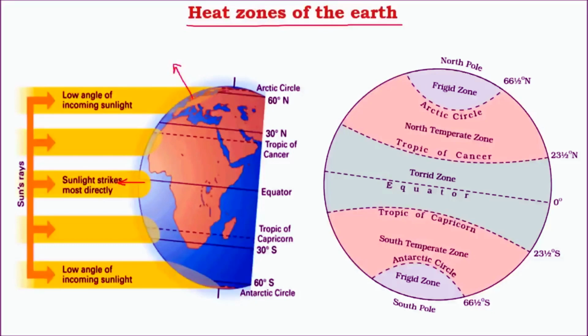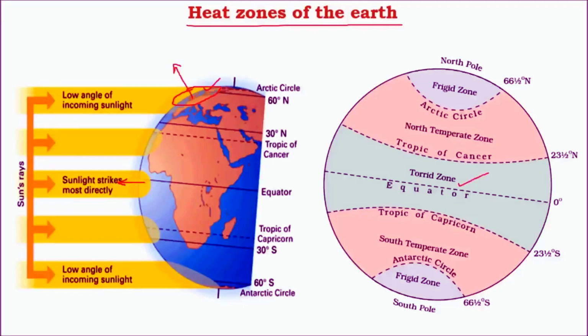As a result, the sun's rays in the higher latitudes seem to be slant, covering a large area. As a result, the heat reception is comparatively lower in the higher latitudes. Hence, these regions are comparatively less hot compared to the equator. Based on this differential reception of sunlight, there are different heat zones which are part of Earth.